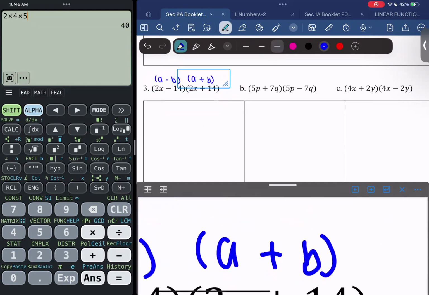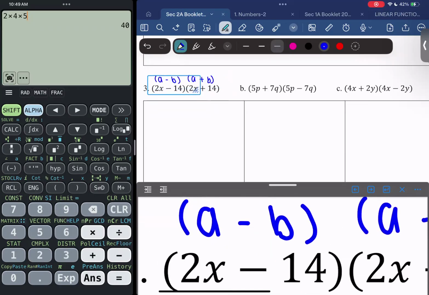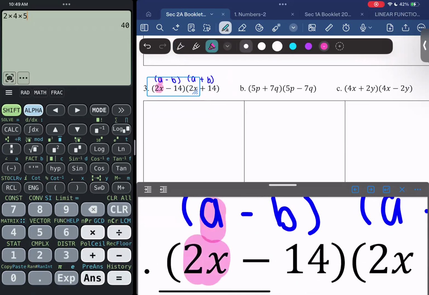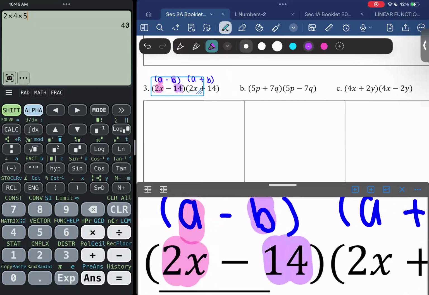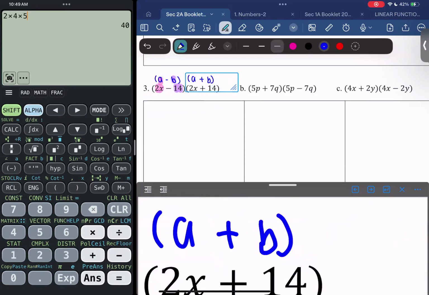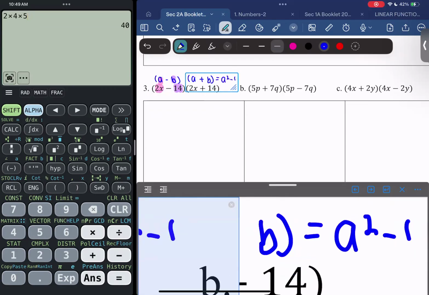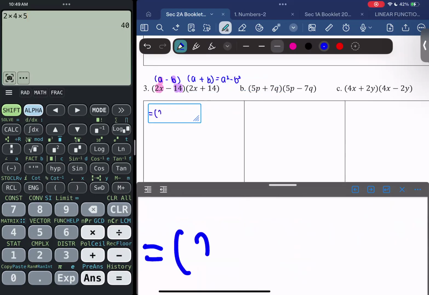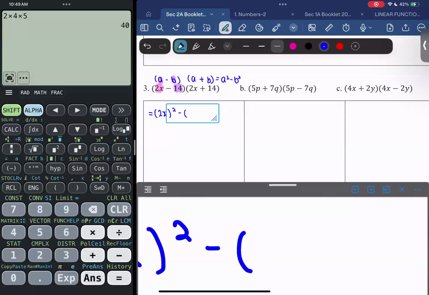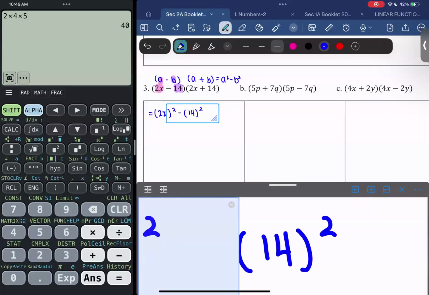Don't tell me that with the position swapped, the answer is different. I just swap it around. So a is 2x, b is 14. The answer is a squared minus b squared, so 2x squared minus 14 squared.